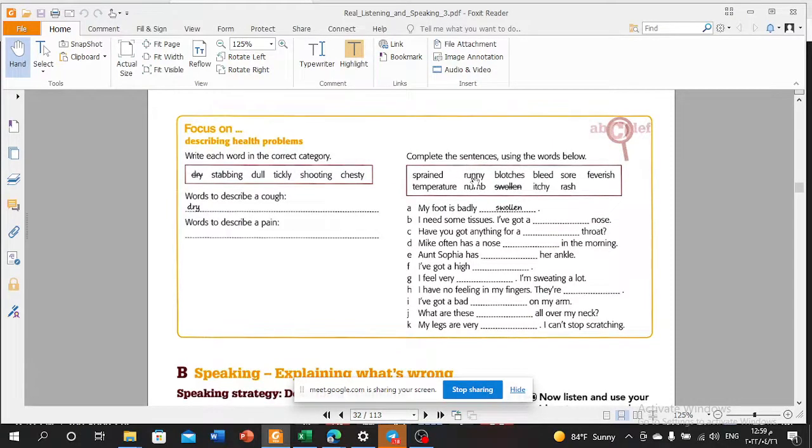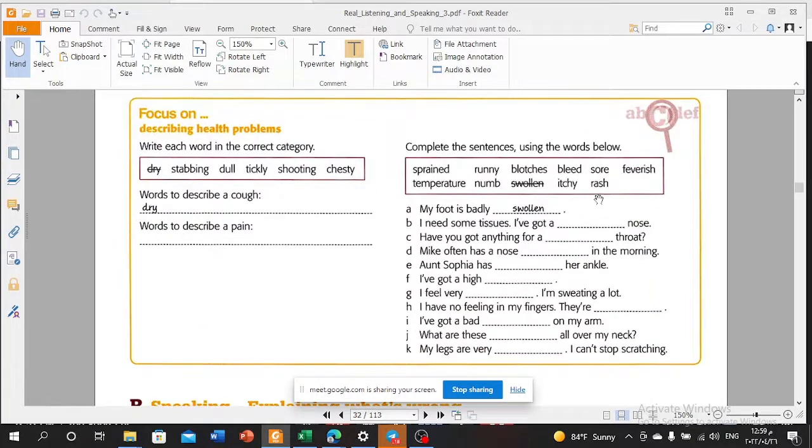Here, on the other hand, we have certain words that we have to put in the space to also express certain illness. So we have swollen, which is related to the aches that you can feel in your foot. My foot is badly swollen. We have here, I need some tissues.